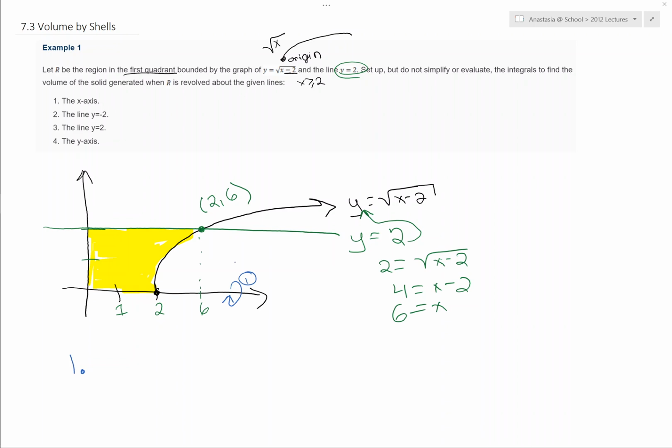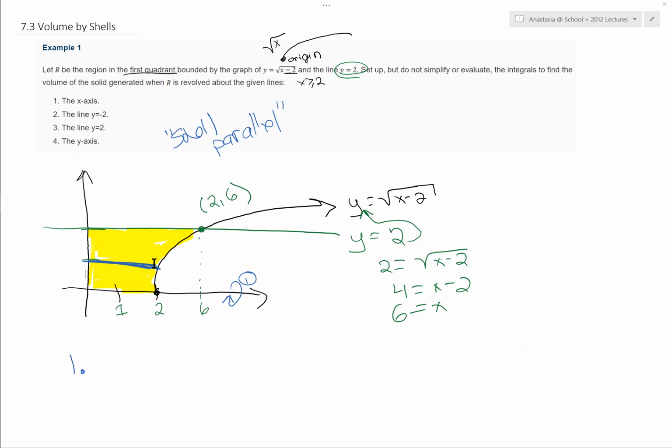Now, talking about using shells, we need to draw a line parallel to our axis of revolution. To help you remember, it rhymes: shell, parallel. So draw a line parallel to the axis of revolution. Notice that is opposite from disk washer, where we would draw something perpendicular. So shell, parallel, we're going to have this.